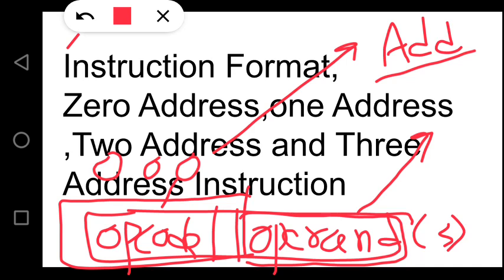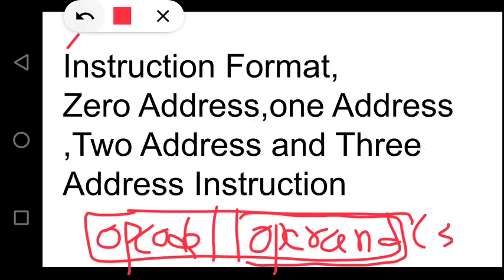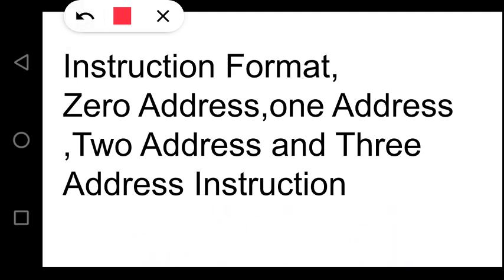Though the operands may not be present in the instruction, the ALU assumes the operands to be present at the accumulator. We will see that case. But remember, instruction format means opcode and operands. This is the brief introduction about instruction format, which contains opcode and operands.